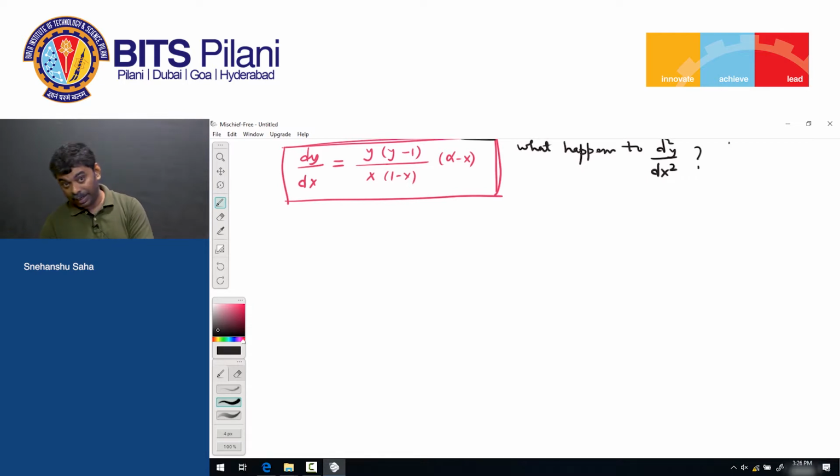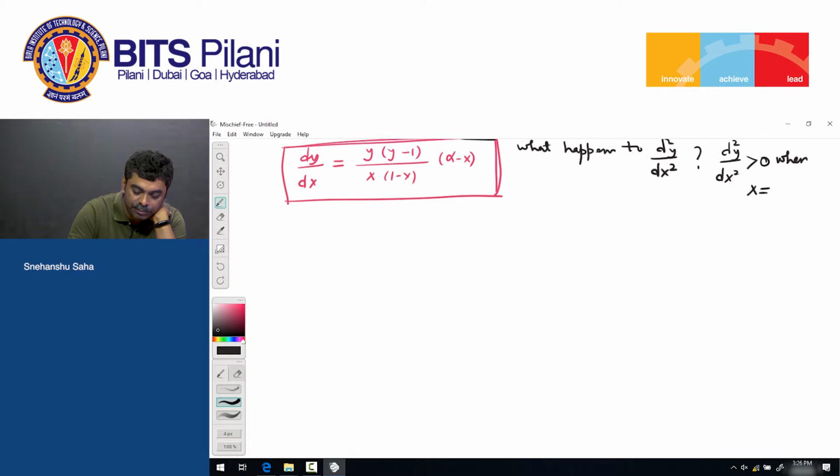But I can tell you, and I'll also show you from my slides, that the second derivative is a positive number. And this x equal to alpha, remember, is a critical point. So what we are able to see is that at a critical point, we have a minima.